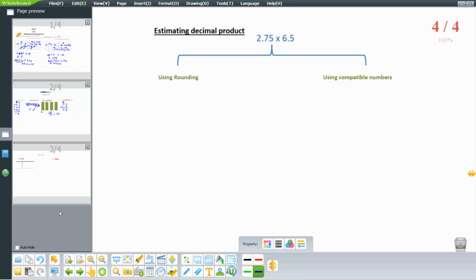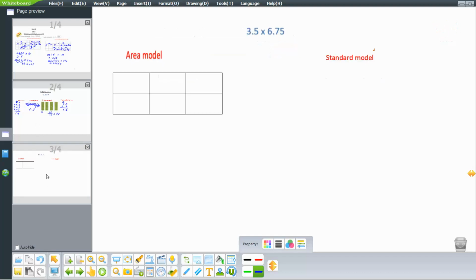If we have 3.5 times 6.75, and we need to solve it by area model. We know that in area model we need to decompose the number. So here, this number 6 means 6, and here 0.7 and 0.05.